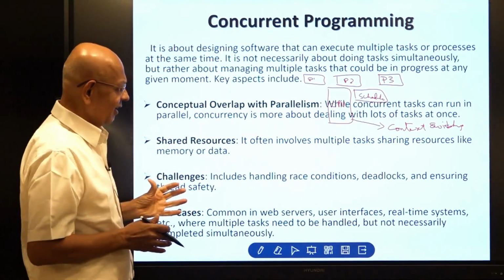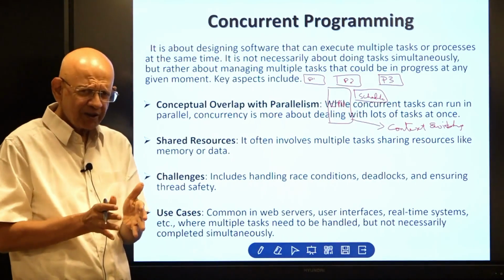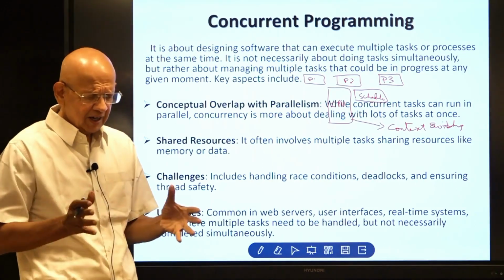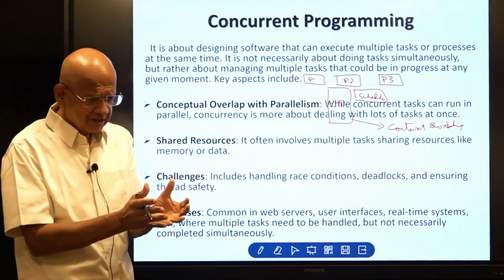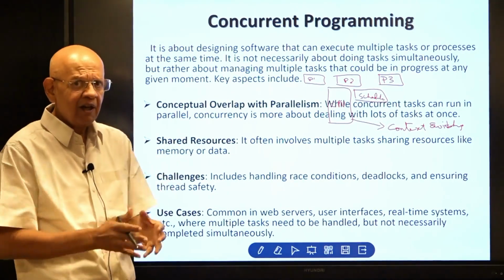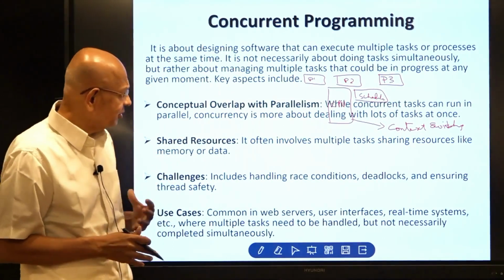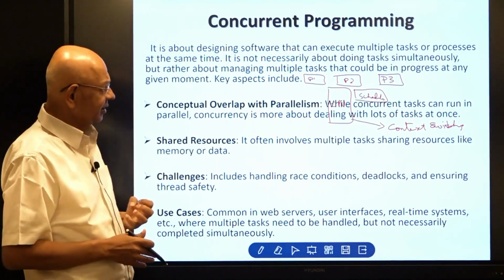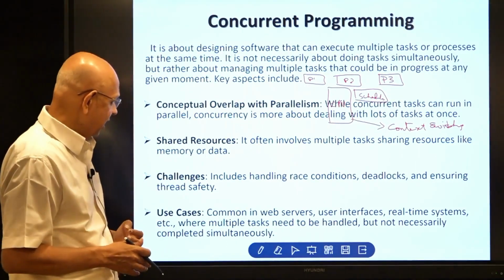Here it is not like that. The CPU cores are limited, and it is the job of the scheduler to get the work done from these CPUs in a time-shared manner, and that is what a scheduler would do.